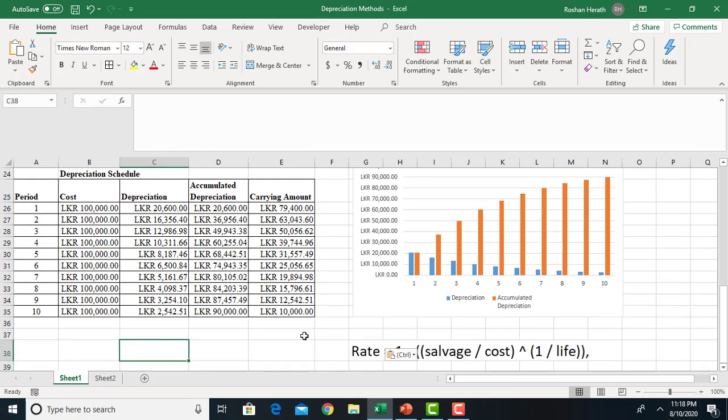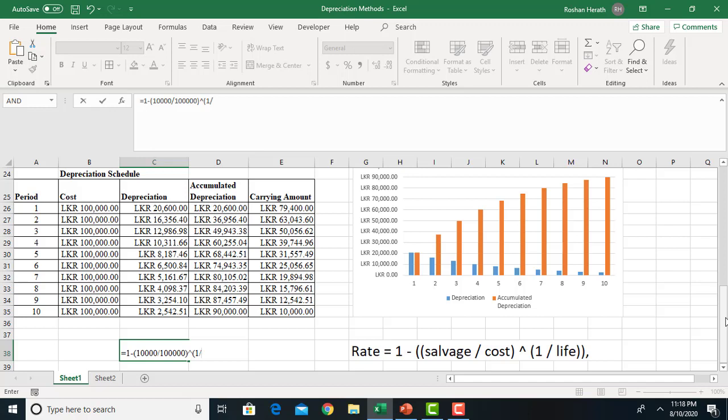Then you may move on to the computation. It says that it has to be 1 minus the salvage. So it's going to be 10,000 in this question. As we witnessed, the cost was 100,000. So we may take that, and that is to the power 1 divided by the useful life.